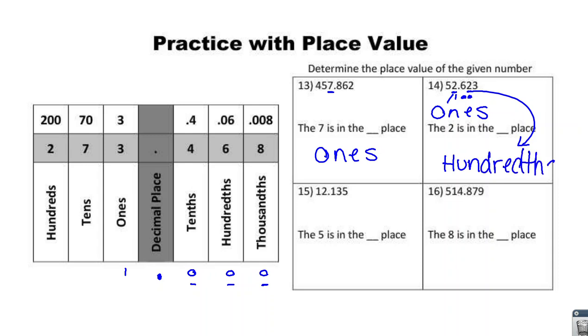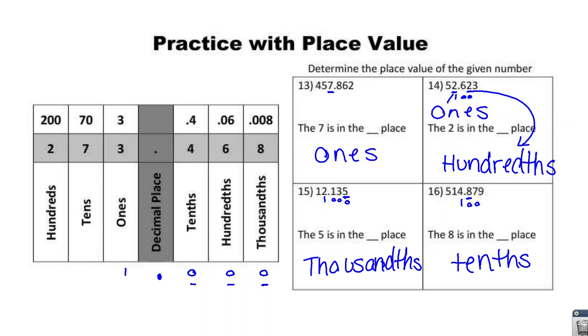Okay, I want you to pause, do 15 and 16. Where's the 5 and where's the 8? So the 5 right here is in the thousandths. And then the 8 is in the tenths. You can use your little trick for those.